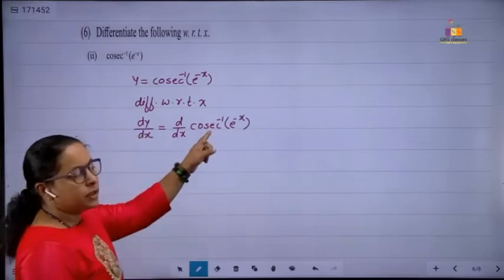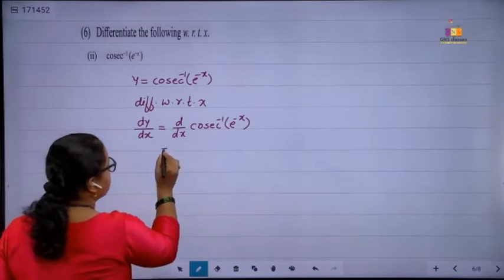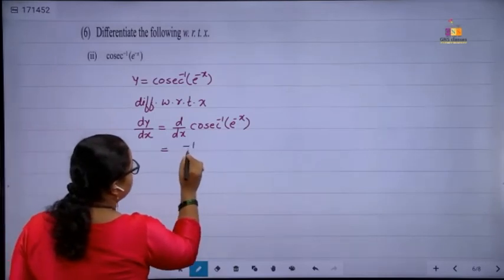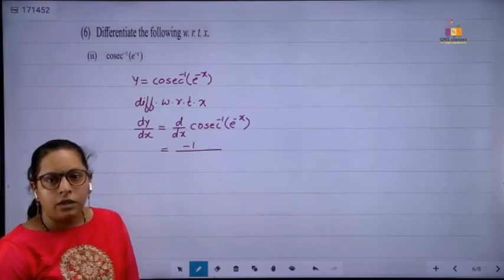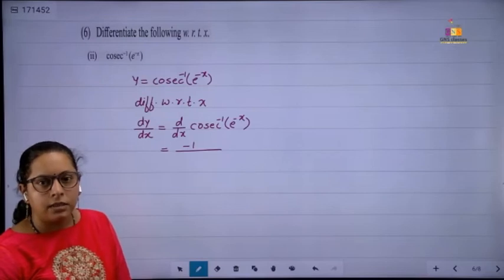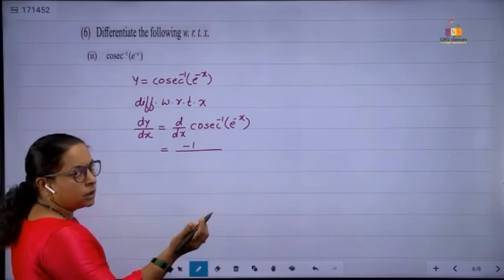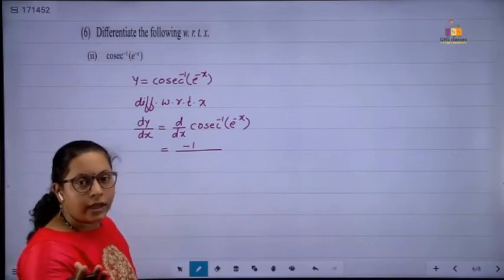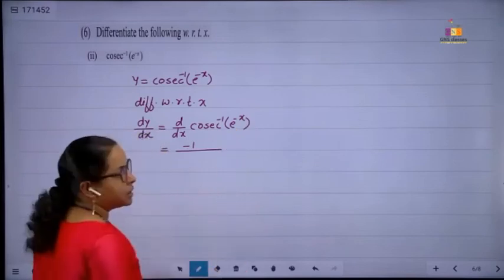Here outside function is cosec inverse x and if function is cosec inverse x, then its derivative is minus 1 upon x into root of x square minus 1. Here instead of x, e raised to minus x is present.